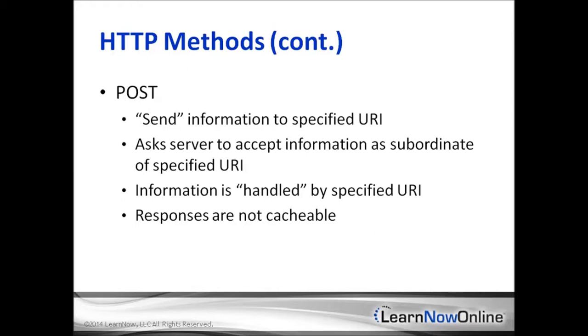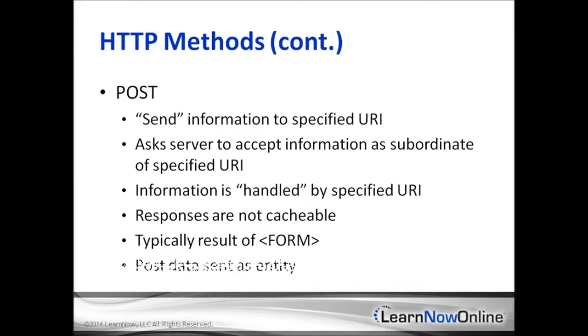Any response that I get back from a post is not cacheable, okay, because it's intended to be a response that is generated based upon the success or failure of the actual post itself, okay? So this is usually a form that initiates this, though in the REST world, this could be a simple post passing something like a JSON object, okay? And that post data is sent in the body of the request as what we call an entity.